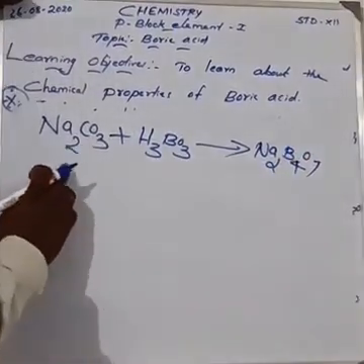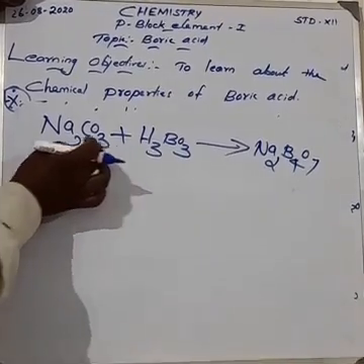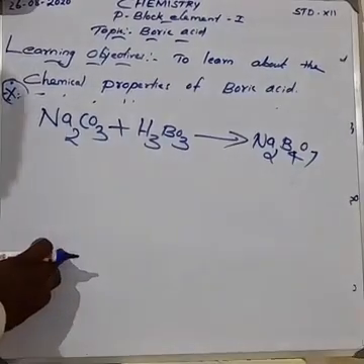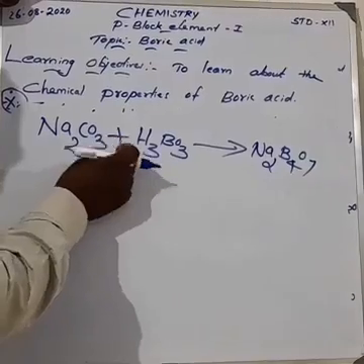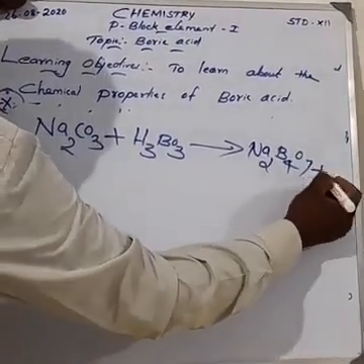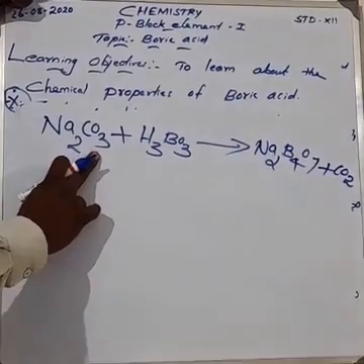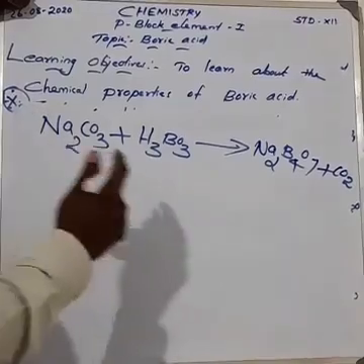Here sodium carbonate. Here the sodium combines with boron and oxygen. We get borax. The next product is here carbonate is converted into carbon dioxide. This carbonate CO3 is converted into carbon dioxide, and also the hydrogen combines with the OH to form water.